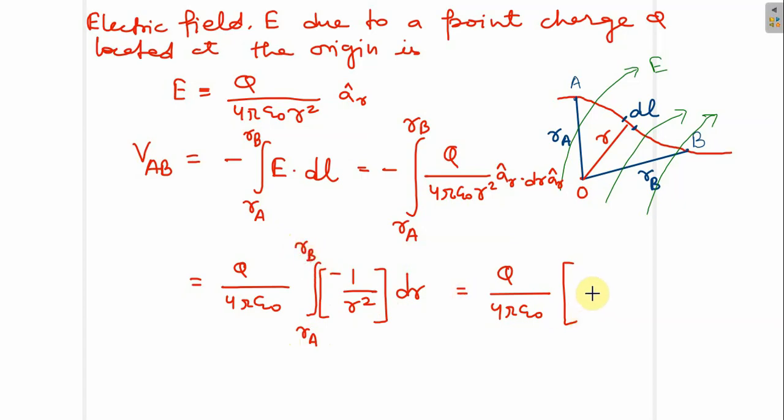Putting the limits, it is 1 upon RB minus 1 upon RA. This is the expression of VAB.